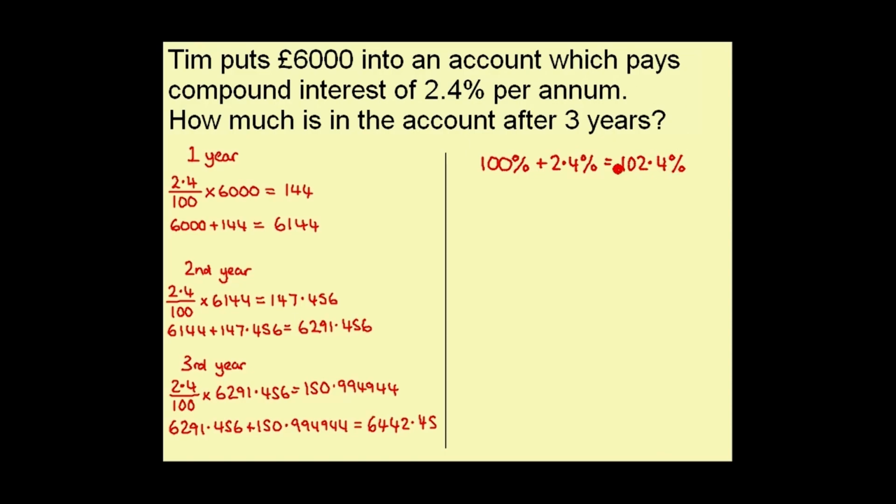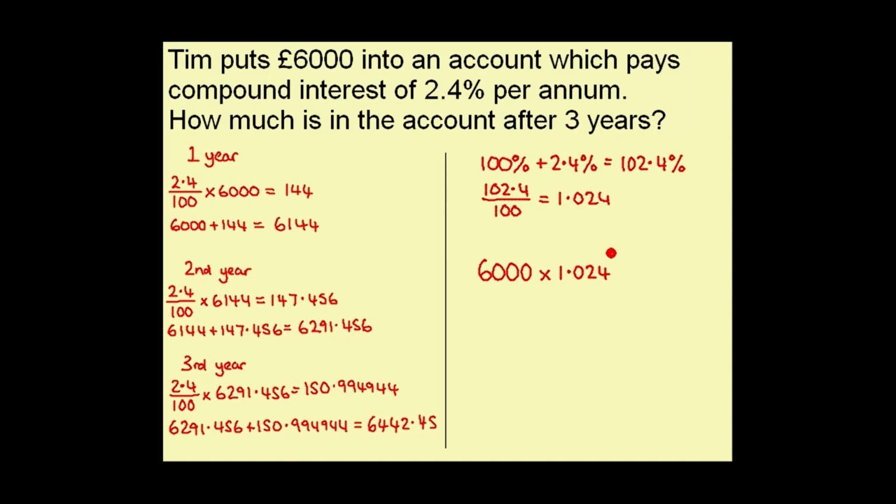102.4%. Now we want this percentage as a decimal to be able to use it in our calculator. So what we do is divide it by 100. And that's 1.024. This gives us our multiplier, and this is really important for the question. What we do now is get the amount of money times the multiplier to the power of the number of years.